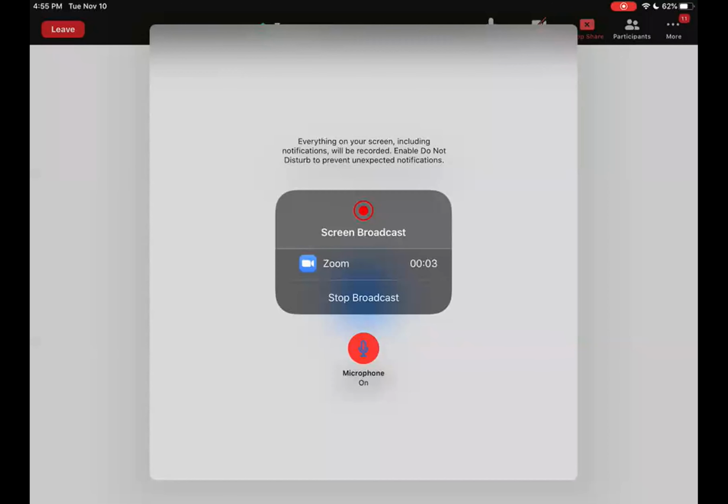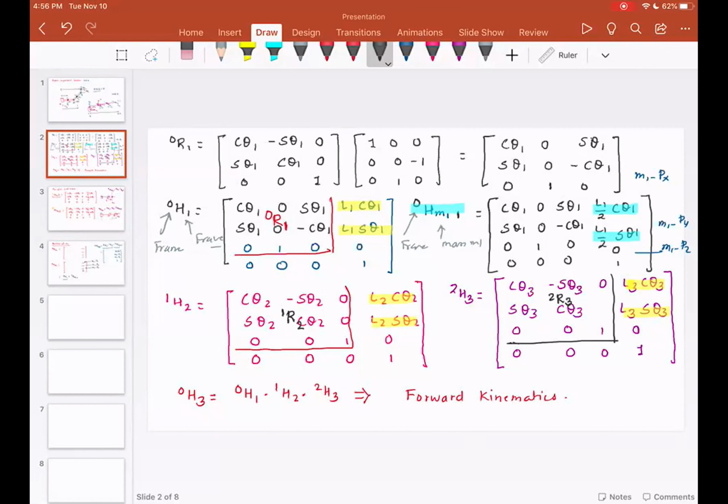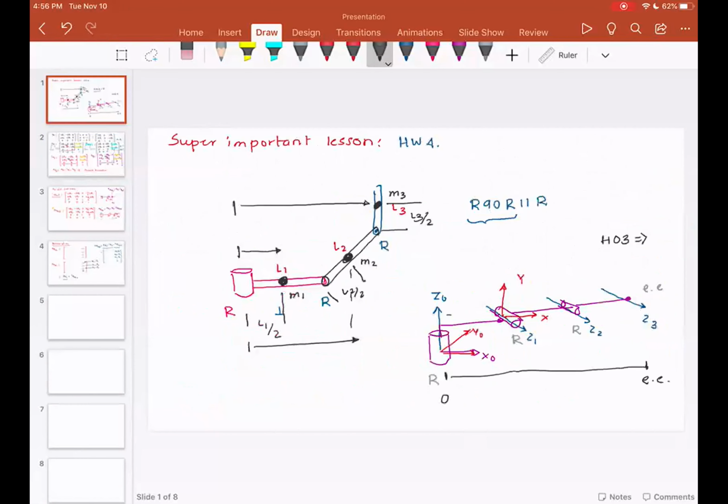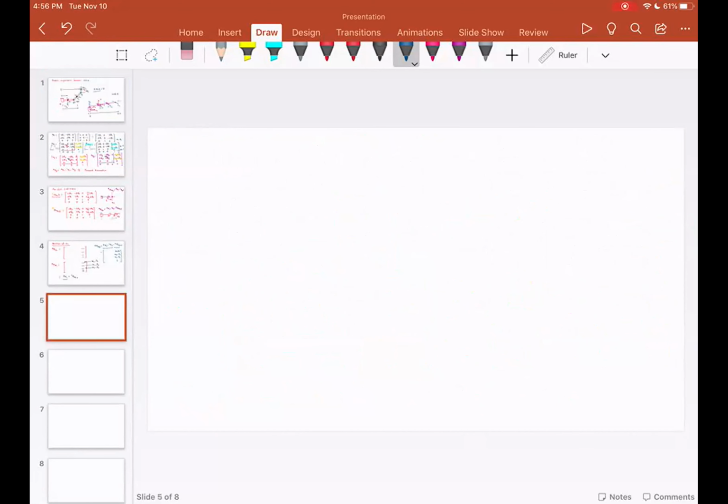Okay. Now, if you look at this problem, we want to be comfortable with what the IXX, IYY, and IZZ are. This needs a little discussion.